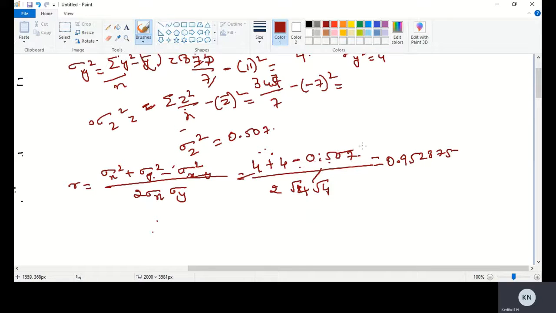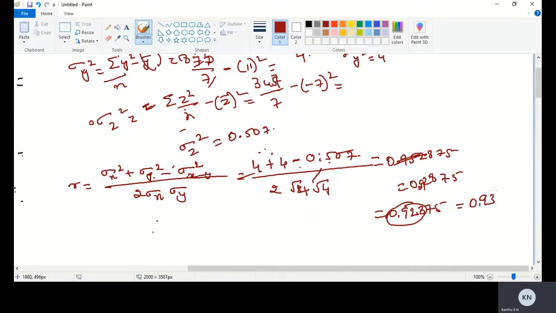Then simplify, you get 0.9287, which is 0.93.